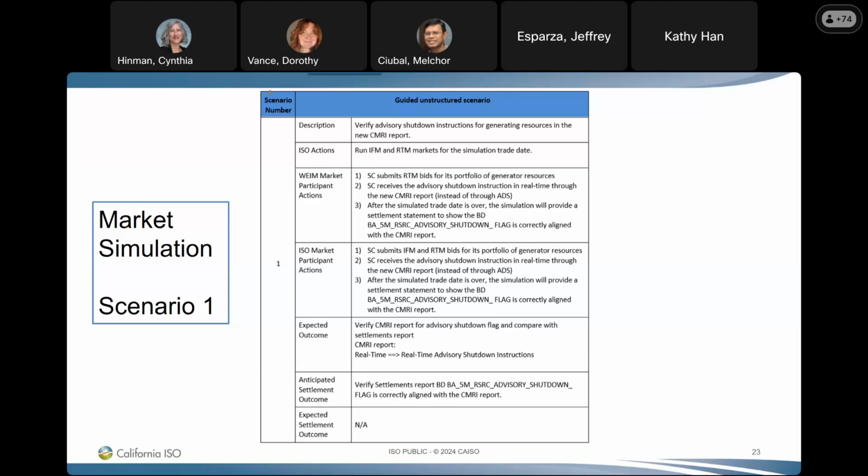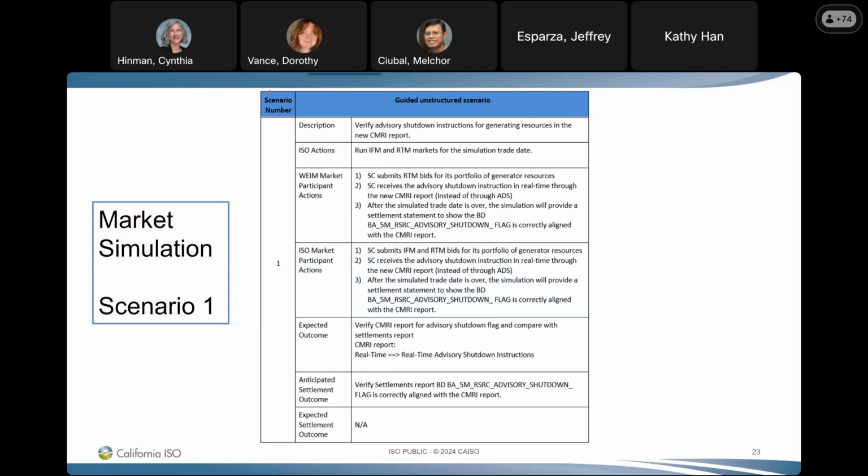This impacts all of our market participants, as I mentioned. So participants will submit bids, and of course, if you're an ISO market participant, you can submit day-ahead or real-time bids. If you're a WEIM, you could submit your real-time bids. Depending on how your bids are optimized, you will receive an advisory shutdown instruction, and you would see that in the new CMRI report.